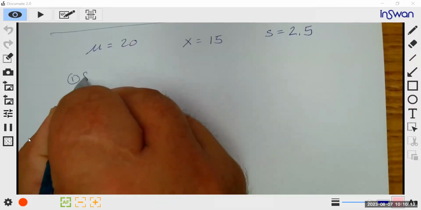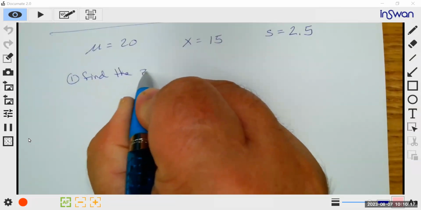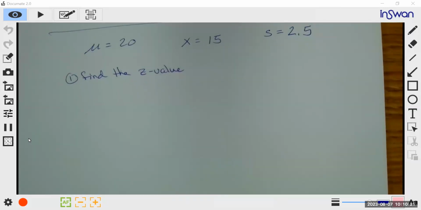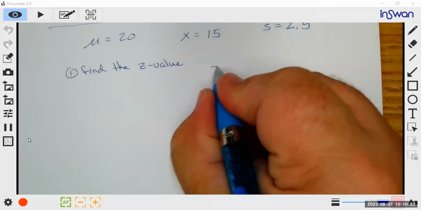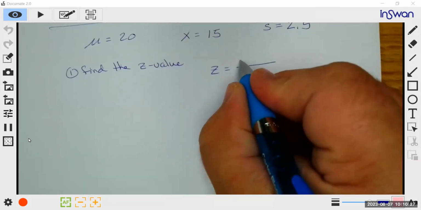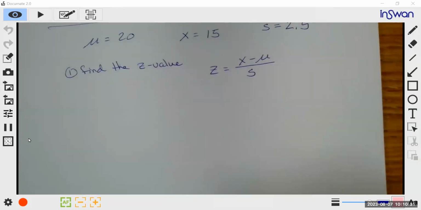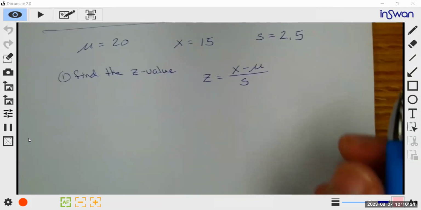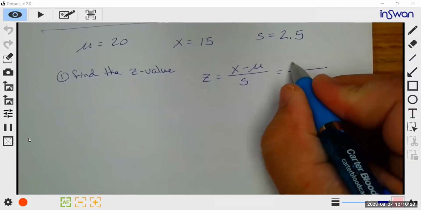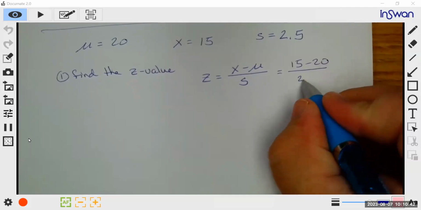So first, you have to find the Z value. So it's X minus the mu over S. So it's 15 minus 20 over 2.5.